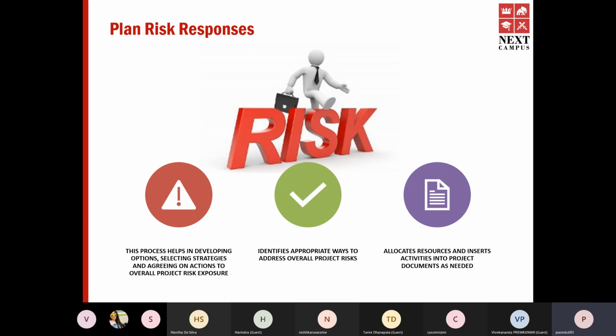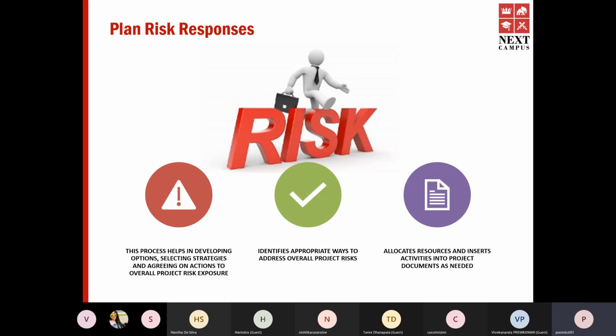So this helps you to develop options, understand strategies, and agree with all your stakeholders on what actions you're going to take in order to reduce the overall project risk exposure. So what it does is it effectively identifies the right ways of addressing the project risks.